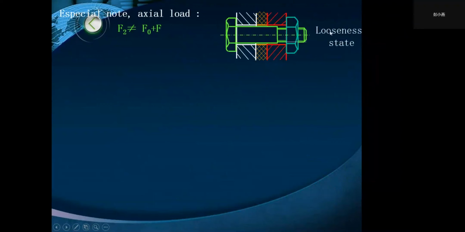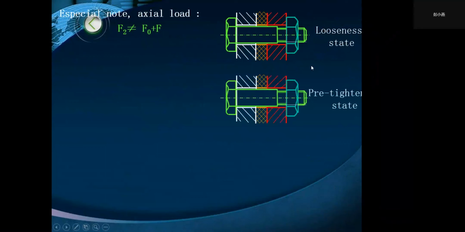Now, this is the looseness state of the bolt, and this is the pre-tightened state.